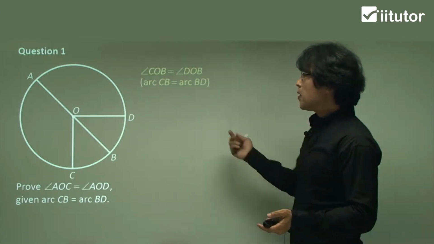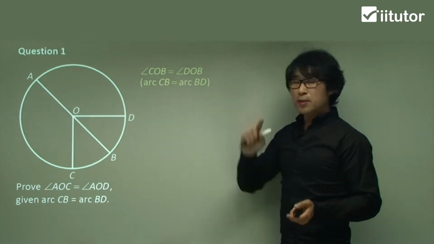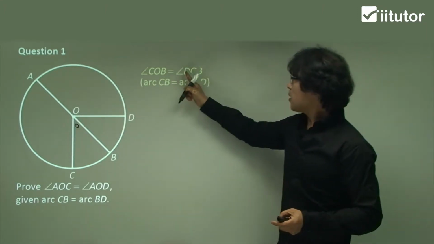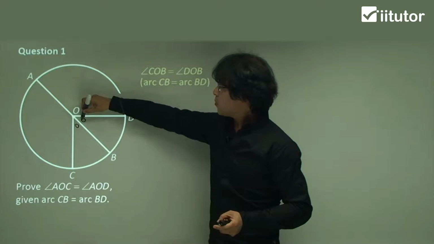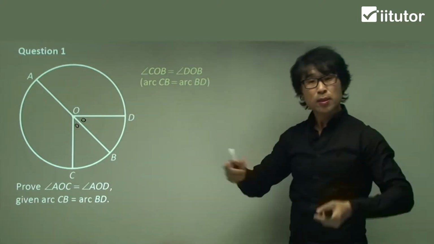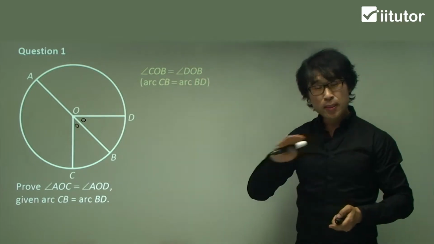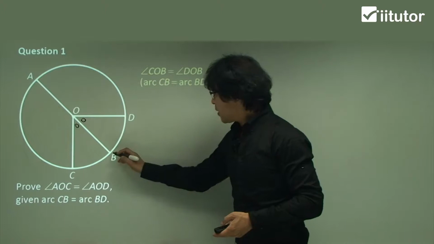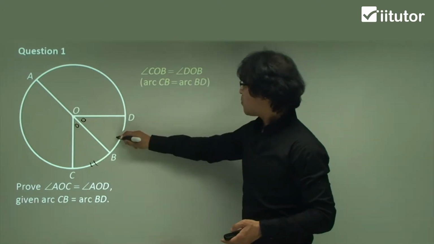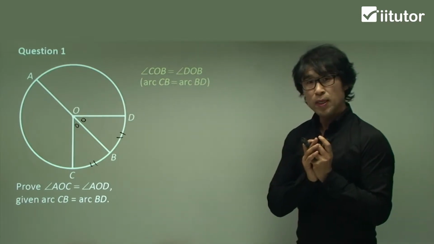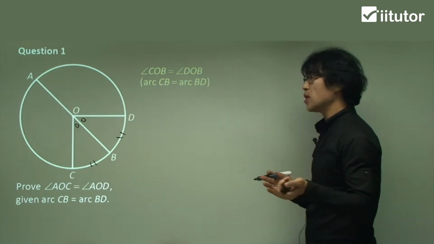The first one is angle COB, this angle, and angle DOB are equal. Why? You need to write something within the brackets, the reason to support this fact. That's the given condition: arc CB and arc BD are equal, therefore these two angles at the center must be equal. That's the first step, as I told you earlier.